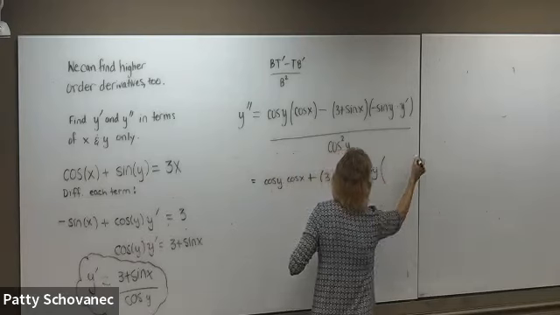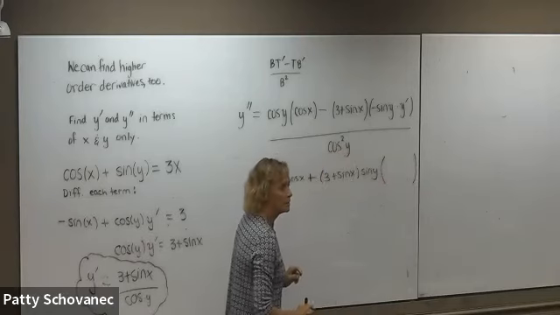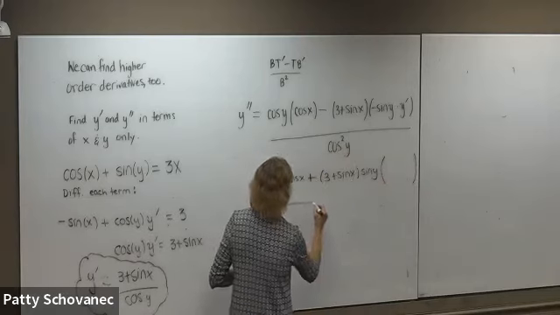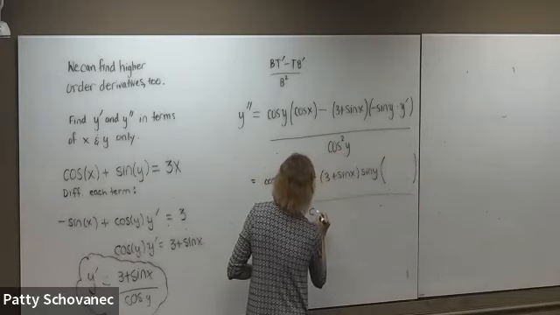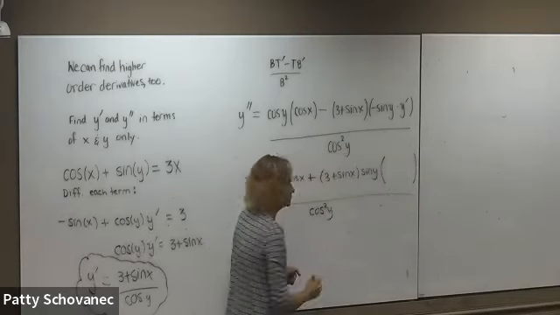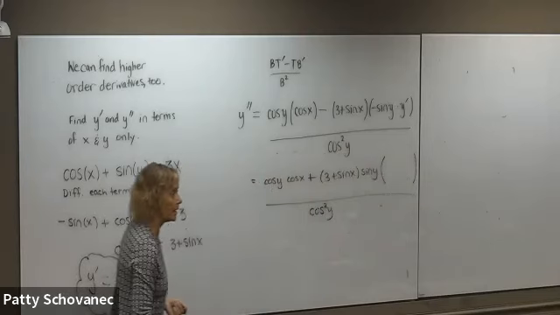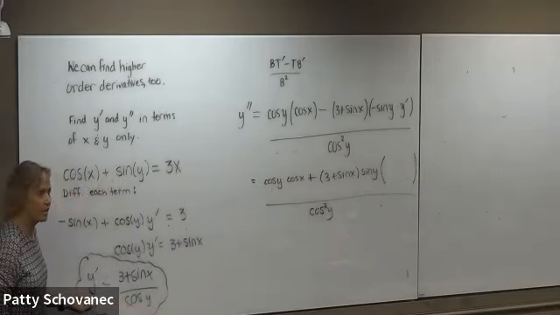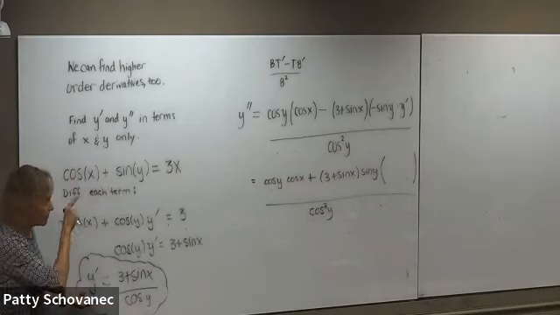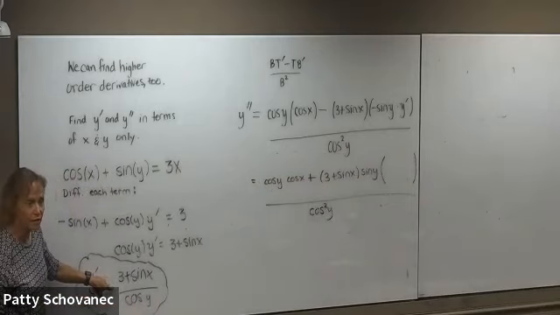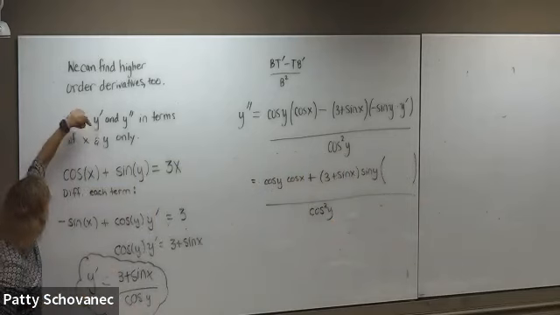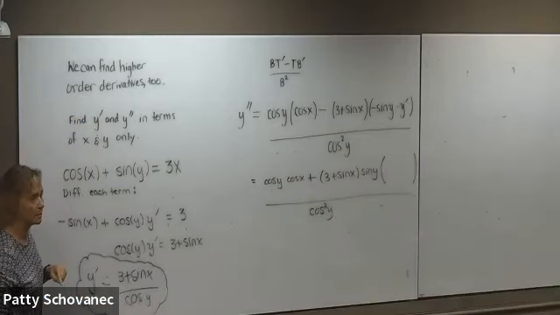I'm gonna leave a gap where the y prime was. Because I know what y prime is in terms of x and y. It's sitting over here in this cloud. Instead of putting y prime over there, we're gonna put this fraction over there. Because I want everything in terms of x and y only.